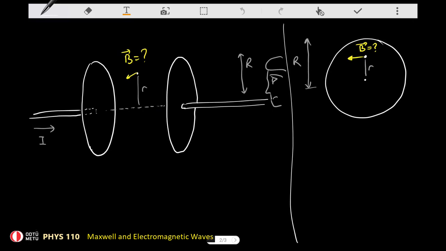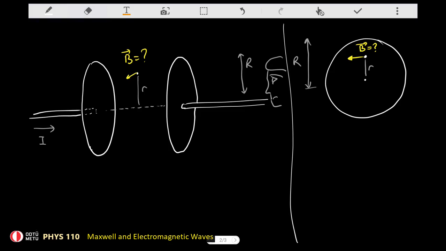I'm exaggerating things in here. Normally, of course, the distance between the plates is much smaller than the size of the plates. Just keep this in mind. But to be able to draw the pictures nicely in an understandable way, I need to exaggerate.